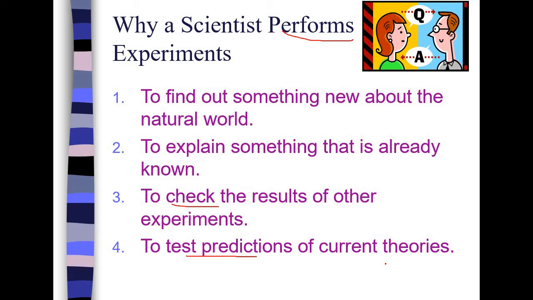So first, to find out something new; second, to explain something already known; third, to check the results of other experiments, where you have a known experiment and want to check its result; fourth, to test the predictions of a current theory.